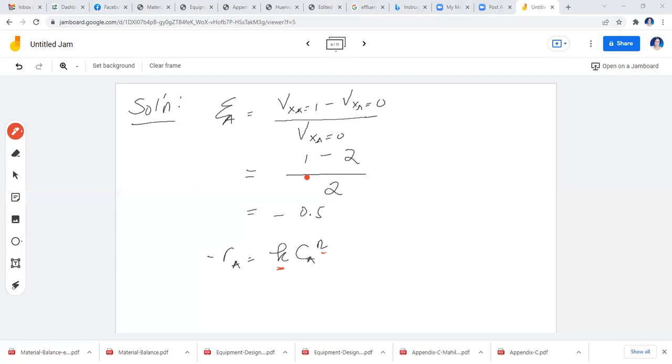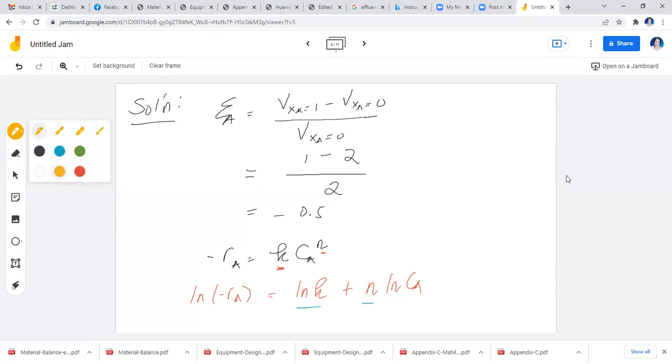So you have ln of the rate is equal to the ln of the K plus the n ln of CA. I'll use a different color here so you would see. So far, you'll be able to get this one, this, and this if and only if you have the CA and this, but you don't have this, right?